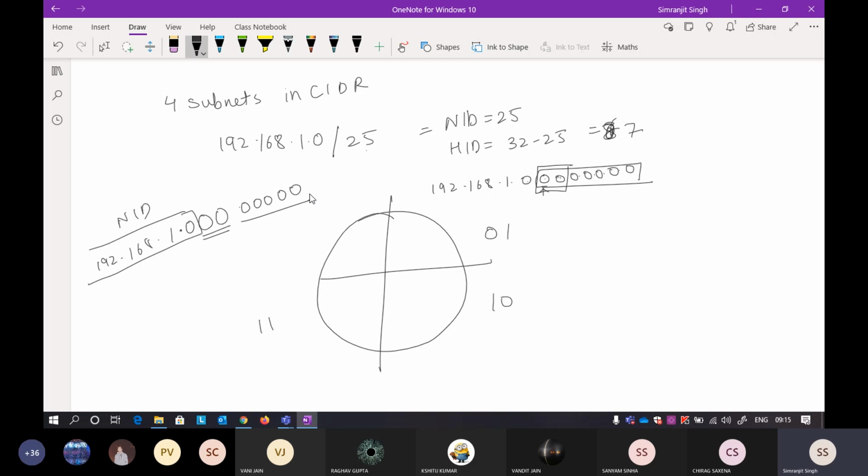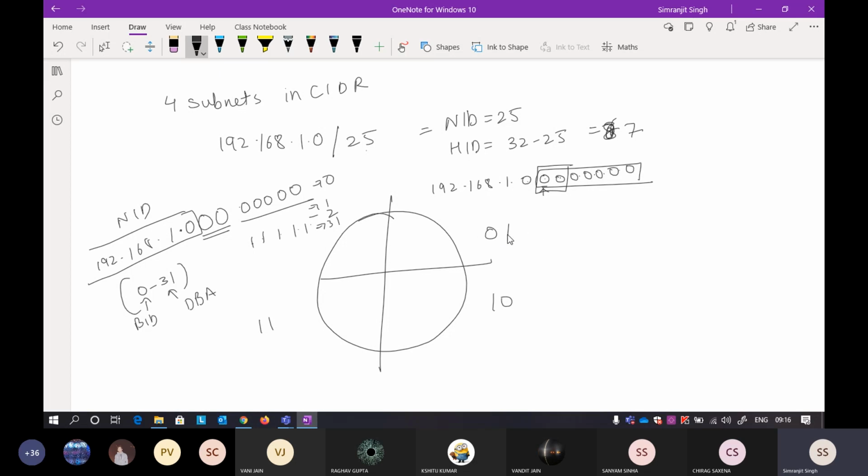You start with the first one, that is 0, then 1, then 2, up to 5 ones. So it is 1, 2, 4, 8, 16, 32, that is up to 31. The first range is 0 to 31, where this 0 represents your block ID or network ID part, and this 31 represents your directed broadcast address.